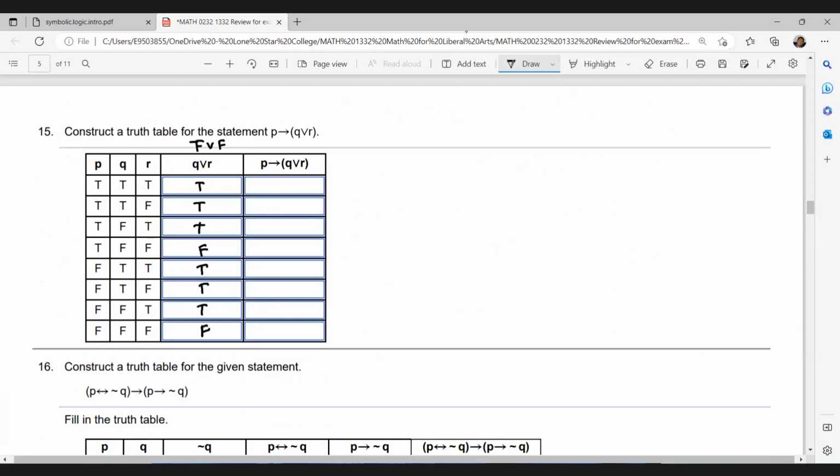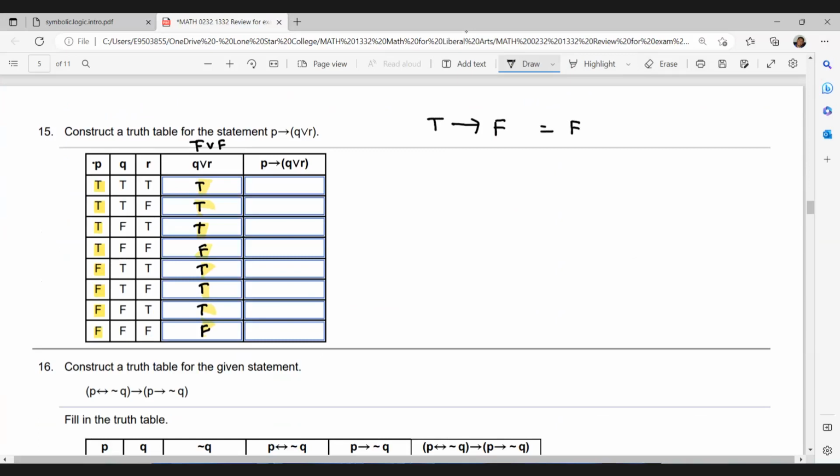Then they want us to take everything in this column and connect it with a conditional. The only way that this is going to be equal to false is if we have true, false.